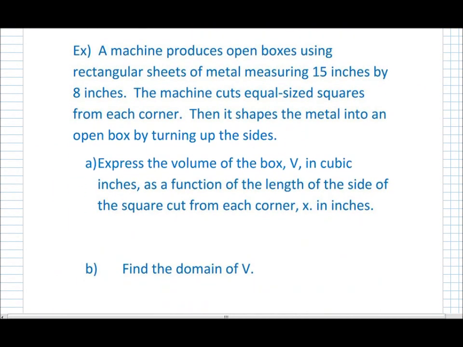Next problem. A machine produces open boxes using rectangular sheets of metal measuring 15 inches by 8 inches. The machine cuts equal-sized squares from each corner, then it shapes up the metal into an open box by turning up the sides. So basically, you have a rectangle here.